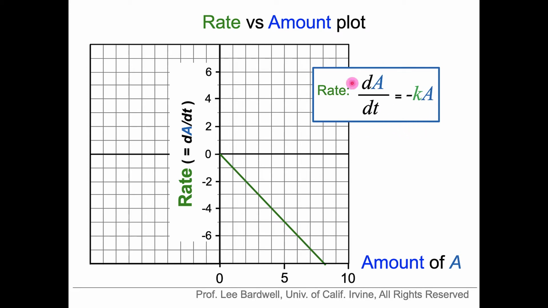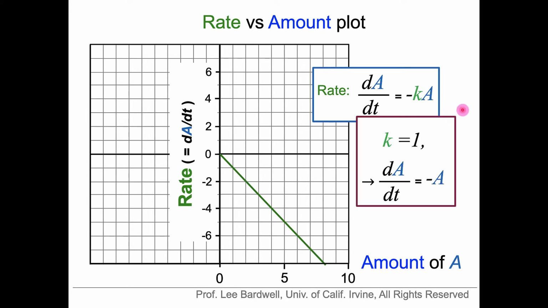So a plot of rate versus amount is going to be a straight line of slope negative k. In this particular instantiation, we let k equal 1, and therefore what you see plotted is dA/dt equals negative A. It's a straight line, a linear differential equation.